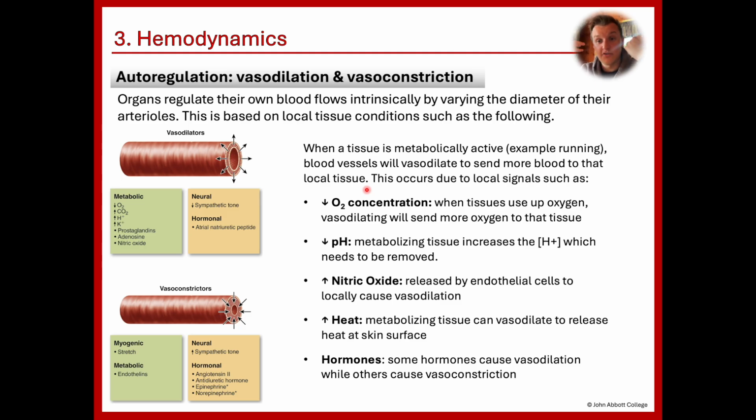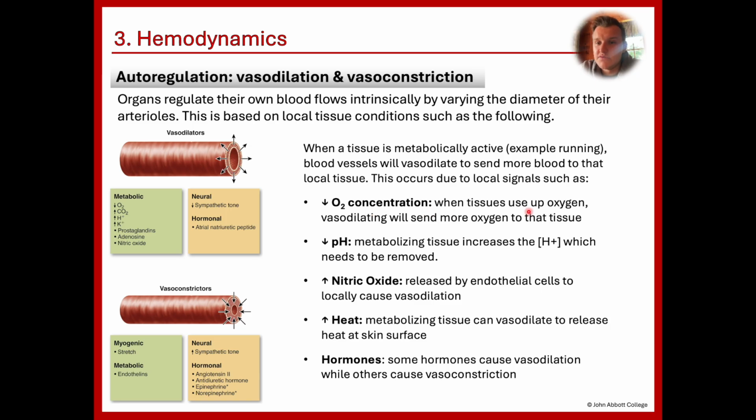You will not be using your skeletal muscle as much, and you'll send that blood to your digestive organs and your bladder and all of the rest and digest organs, right? So this actually occurs due to local signals. Over here, you have your little vessel that's vasodilated. It'll dilate due to a decrease in oxygen concentration, right?